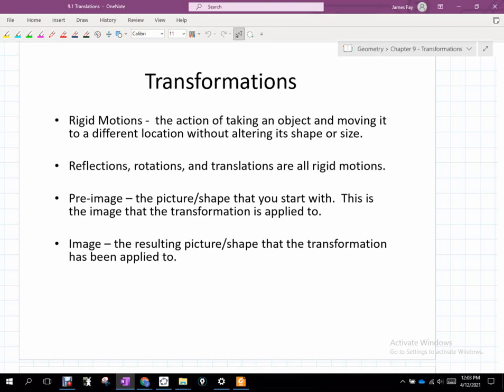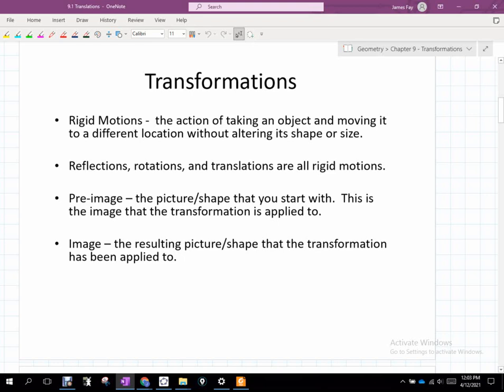To change it, right? If I don't like my appearance, I can transform my appearance maybe, right? Does that make sense? I can change my appearance, okay? So when we see the word transformation, we're going to change something, okay? These three types of changes, reflections, rotations, and translations, are called rigid motions, okay?